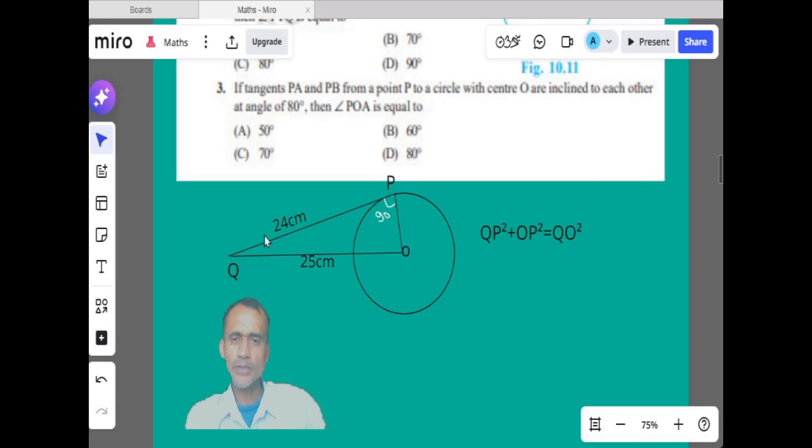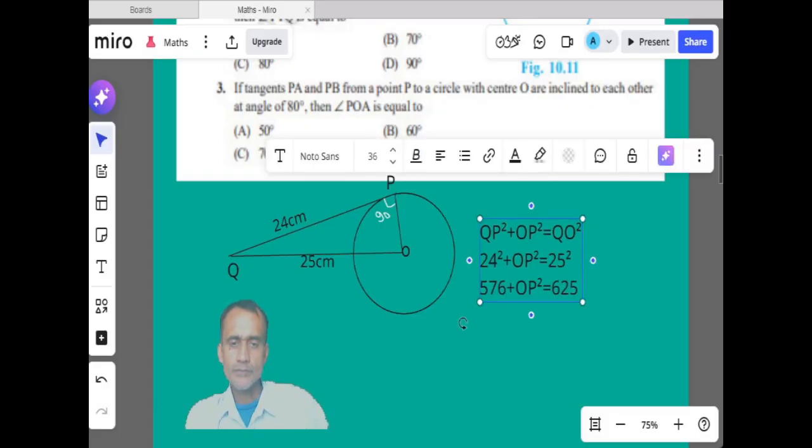Now we input the values provided in the question. So input 24 in place of QP and 25 in place of QO. So we get OP square is equal to 625 minus 576, and so OP square is equal to 49, so that means OP is equal to 7.